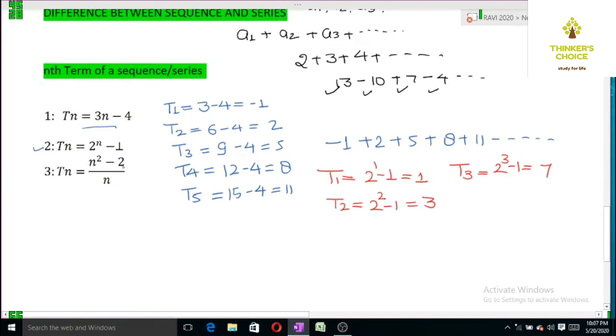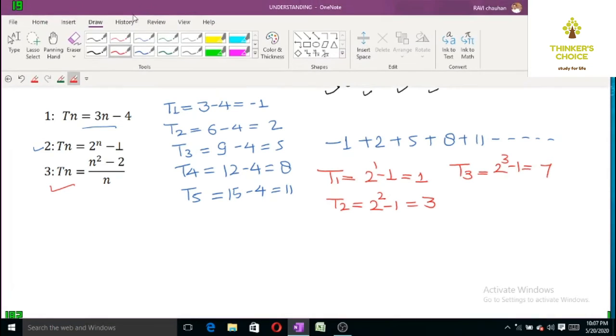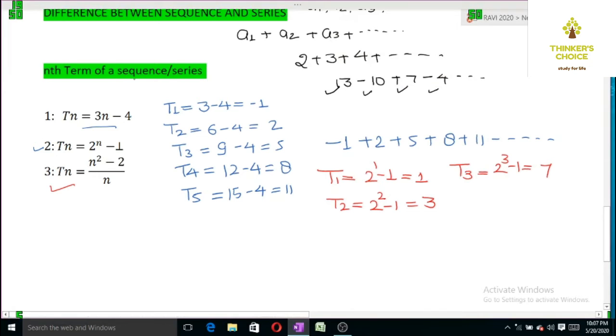Now this is the third example. We have to find the first two terms, so we put n equals 1 and n equals 2 here. For n equals 1, T1 is 1 minus 2 upon 1, which gives minus 1.